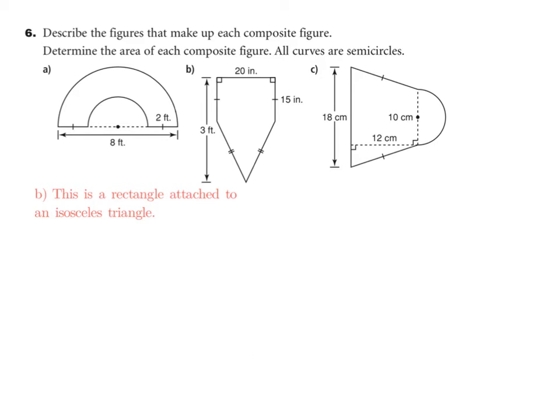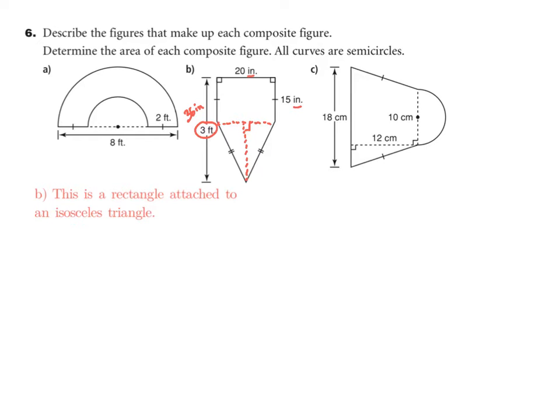Part B looks like it is a rectangle with a triangle attached. We do have to worry a little bit about a conversion here, because right here we have 3 feet, and these are in inches. So we do have to convert from feet to inches, but we know that we can just multiply by 12. So instead of writing 3 feet, we can write 36 inches. We've already gone through that on a previous problem, which is really nice of them, because now this rectangle we know is 15 times 20, the area, and this triangle, they actually gave us the perpendicular height, right?